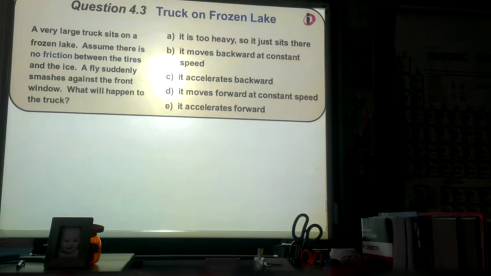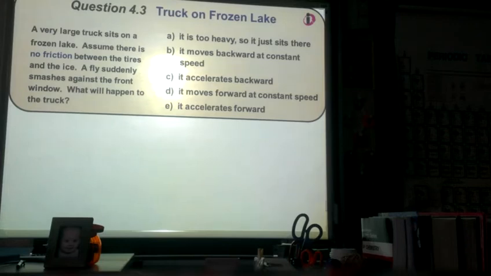So another multiple choice question, let's do this one. A very large truck sits on a frozen lake. Actually, this is kind of a throwback to Newton's first law and second law almost. Assume that there is no friction between the tires and the ice, so we're assuming a frictionless environment here. And plus, let's assume it's on Earth.